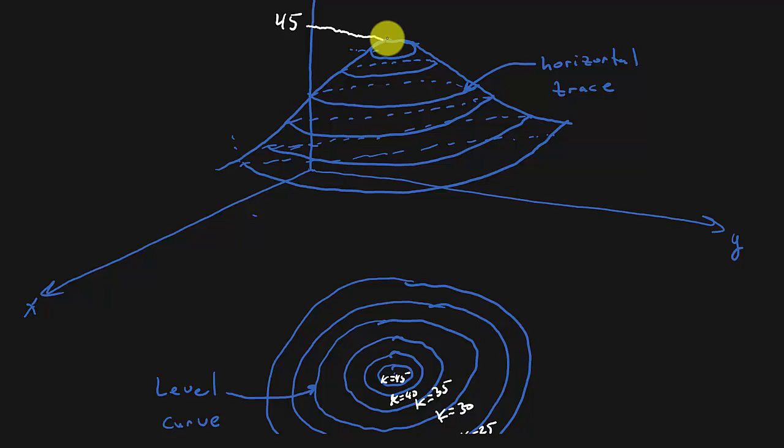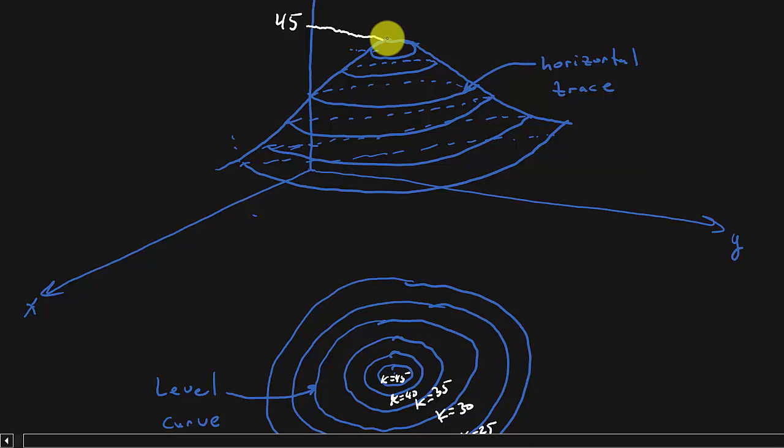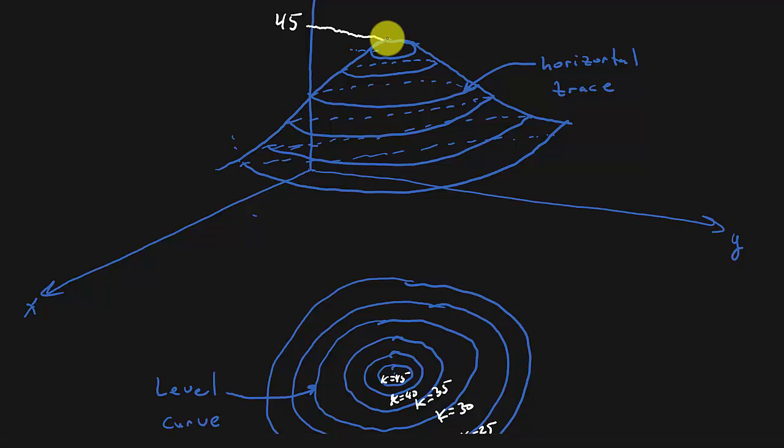The other thing I want to talk about is the contour map. If you draw a contour map of a function, just think about the level curve being lifted up to the surface at that indicated height, and then you can see what the picture of the graph will look like.